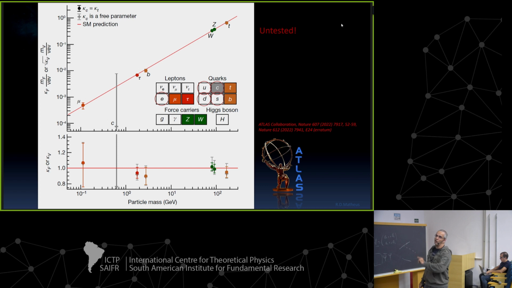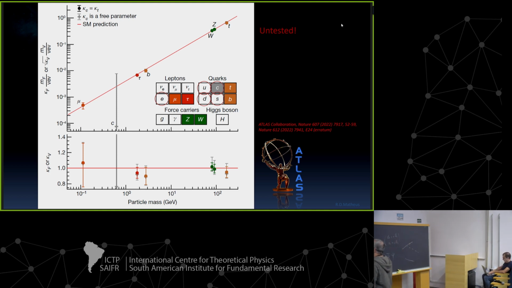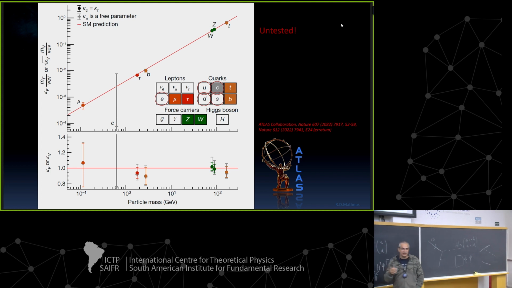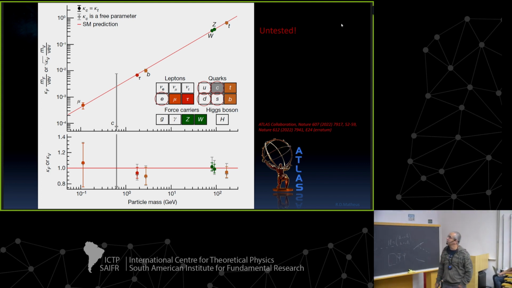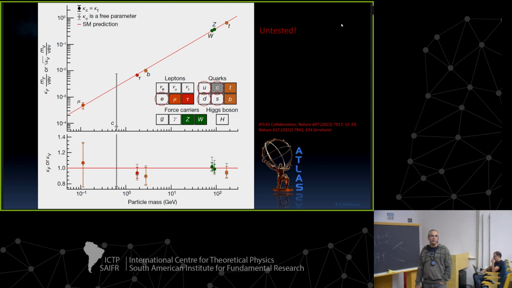The others are hopeless, right? You would need way more luminosity to even get close to measuring couplings that are much smaller than 10 to the minus 4. They are just too small, and you need too much statistics. You never get that much in the LHC, so that part will remain untested for the foreseeable future.